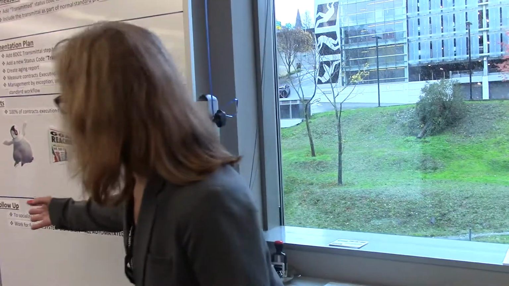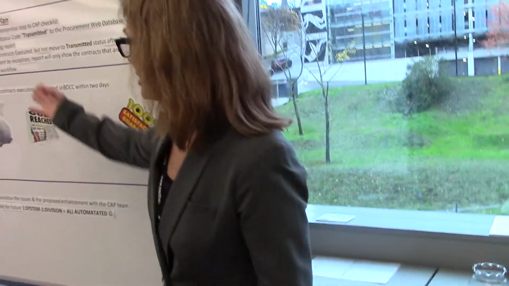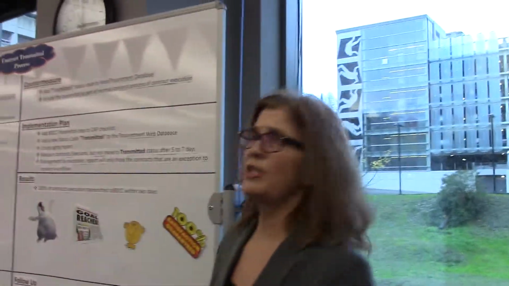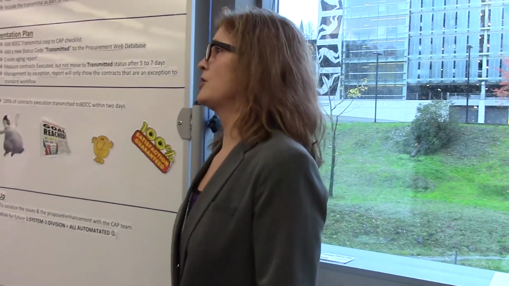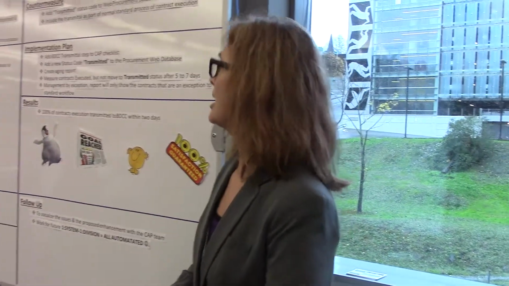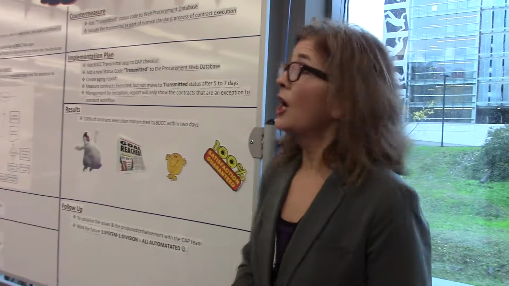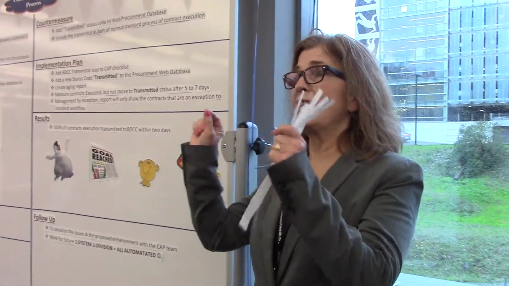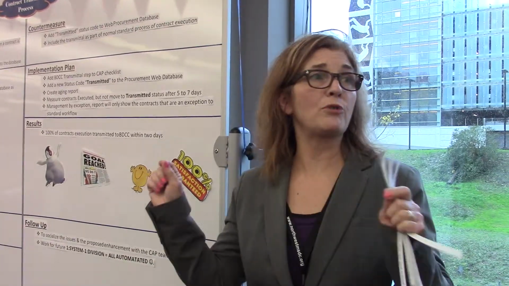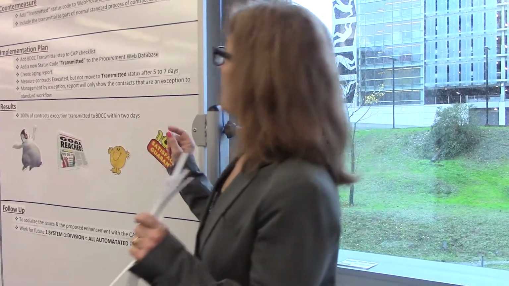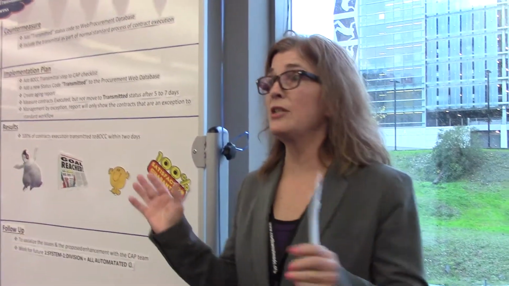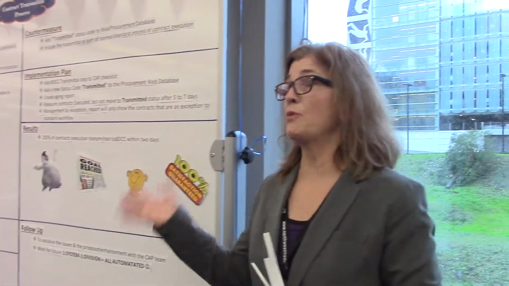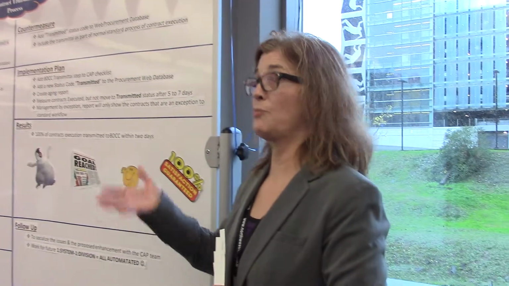After taking a look at and analyzing the issues within the red square, we looked at steps we could take to improve and fix the process. One is to add a transmitted status code to the existing web procurement database. As I understand it, currently there are status codes within that database describing where the contract is in its process.